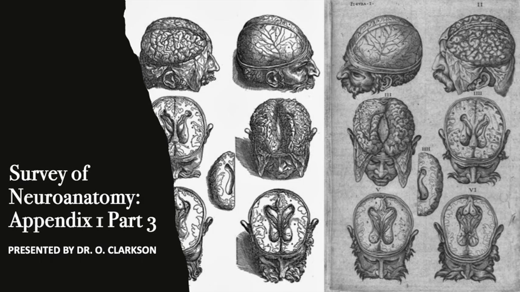So gray matter is mostly going to be cell bodies, right? It's also going to involve some dendrites. White matter, on the other hand, is going to be mostly myelinated fibers. That's why it's white, because of all the fatty tissue within the myelin.